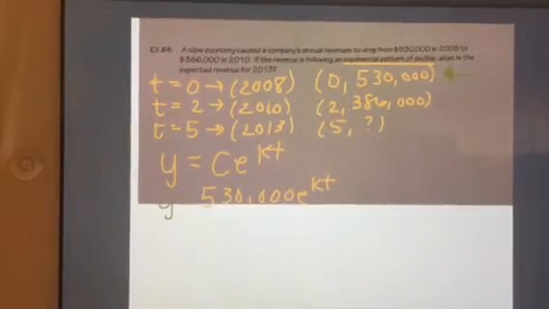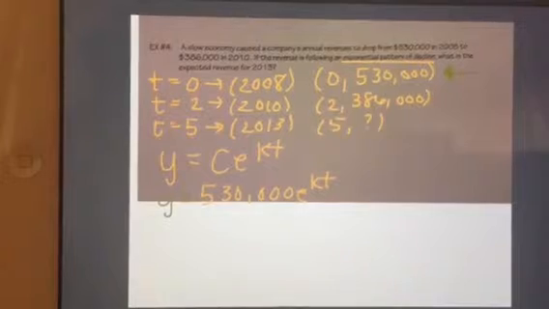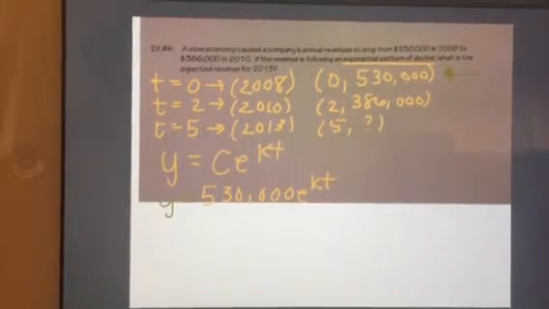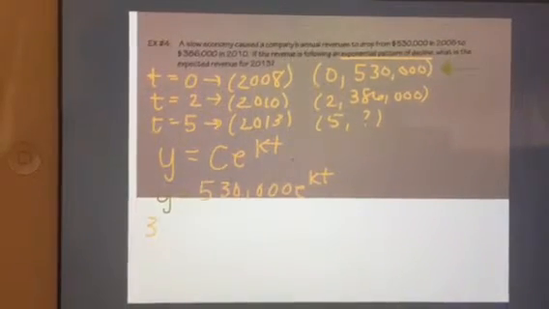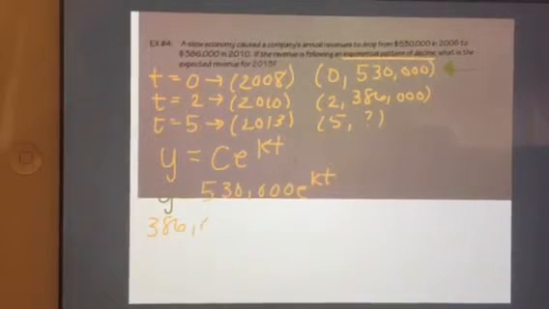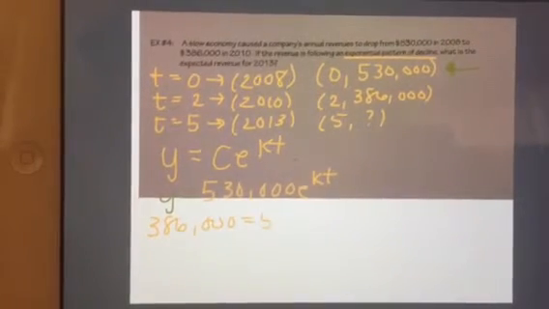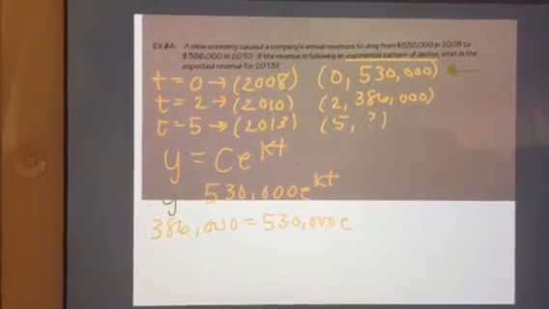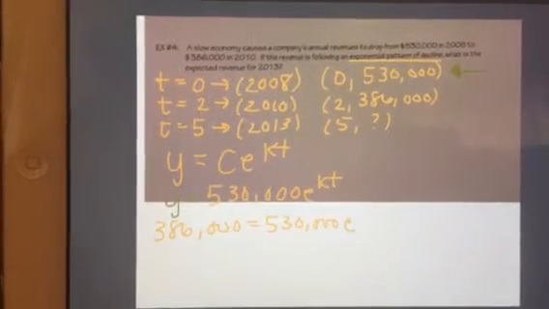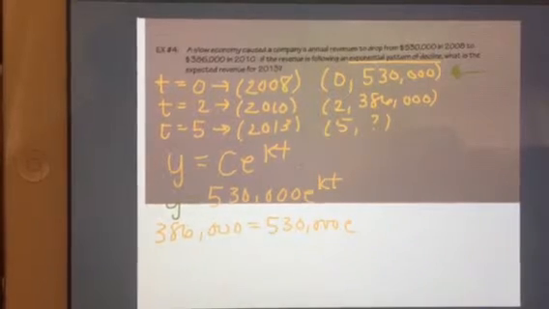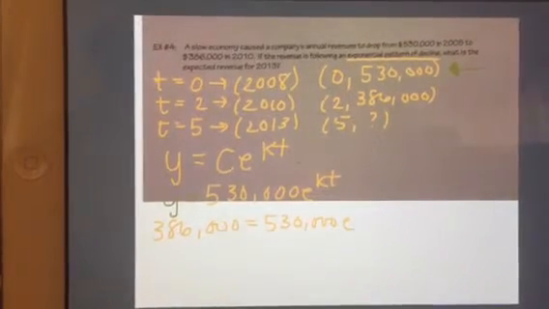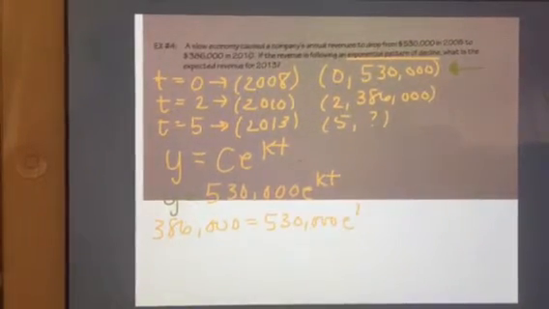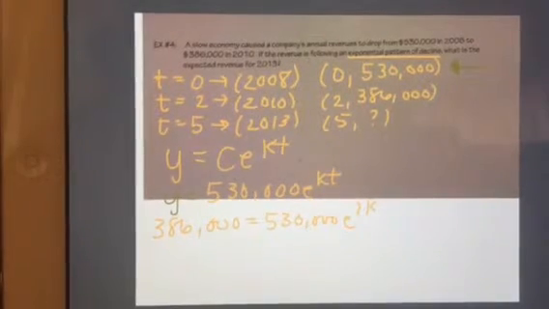So using this, we're now going to find the value of k. So we're going to take our second point that was given to us. So 386,000 equal to 530,000 e to the 2t, or 2k, my bad. And we're solving for k.